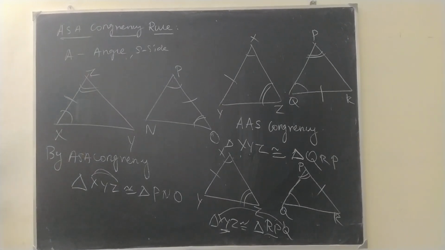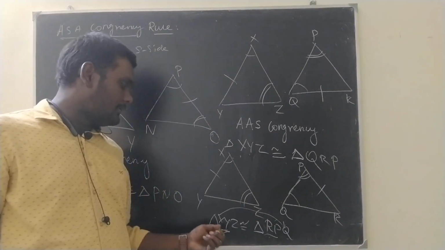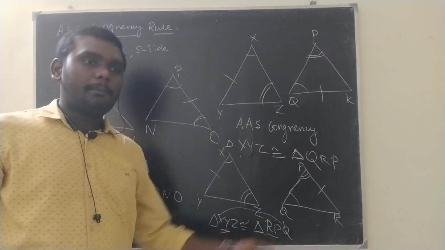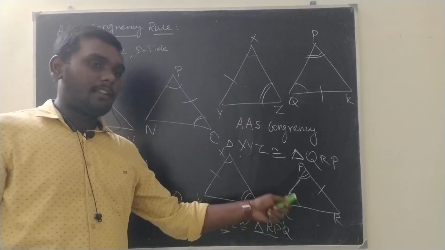In any way, it will not be equal. Either X and Q are mismatched, or else XY and RP are mismatched. But these two triangles look the same, right?